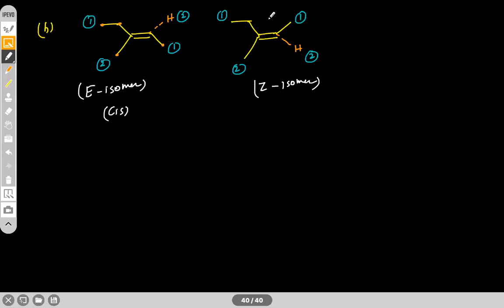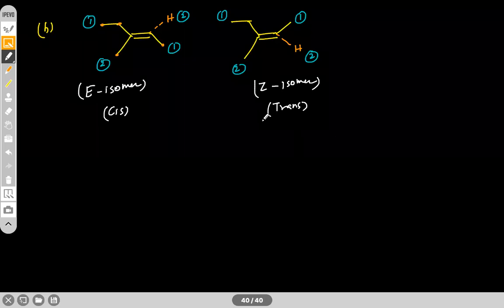2 identical groups on the opposite side. This one, opposite side. So it is trans. Always keep that in mind for cis and trans. We don't see the priority order, but we see whether the groups are identical or not.